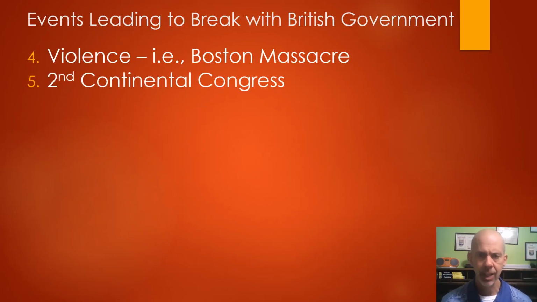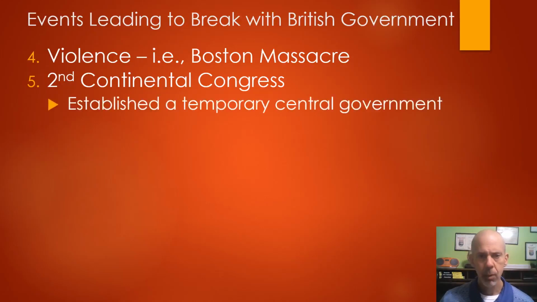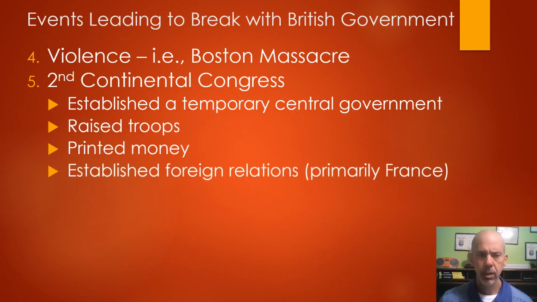The Second Continental Congress. I always like to joke around, well, if you have a first, then by default you typically have a second. But what we see here is where this Second Continental Congress established a national government of sorts, with the authority to raise troops, print money, and establish foreign relations.